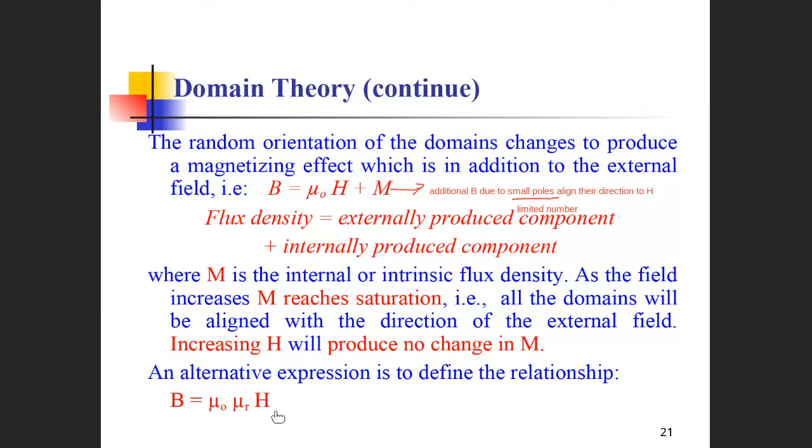So the mu can be determined based on the ratio of B and H, which will be a nonlinear one, because the small pole number is limited.